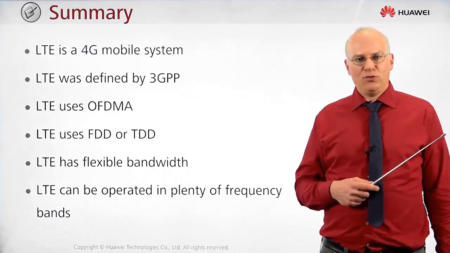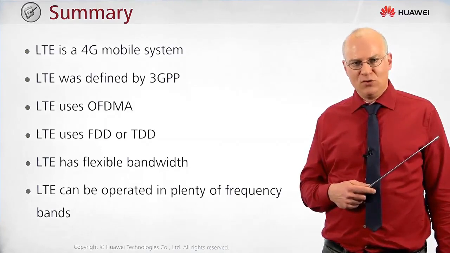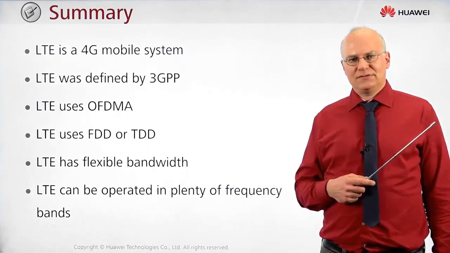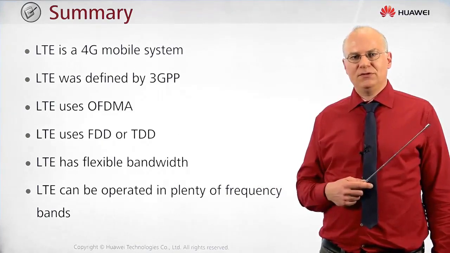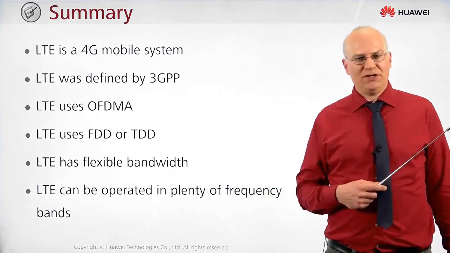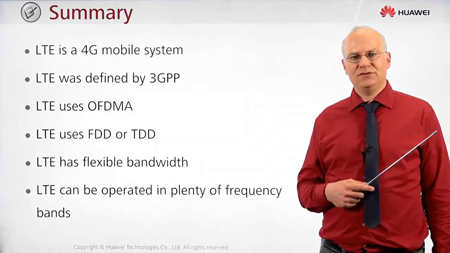LTE can be operated in two duplex modes, in FDD mode and TDD mode. It has a flexible bandwidth usage, and it can be operated in many different frequency bands.